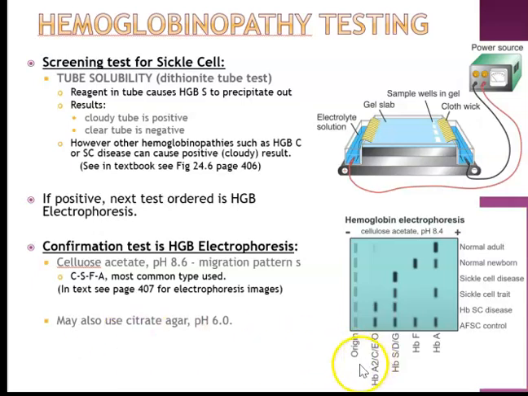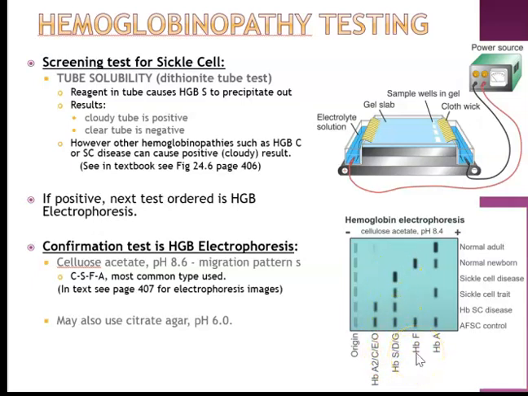So if we come over to our example here, this is our gel, and this is the side where we're going to put our patient samples in. The negative probe is here, and this is the positive probe. Our hemoglobin A2 samples ran to right here. Our hemoglobin S samples ran to right here.